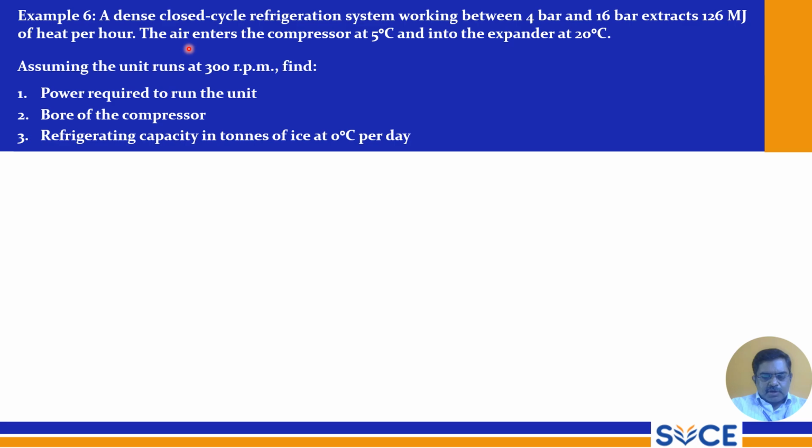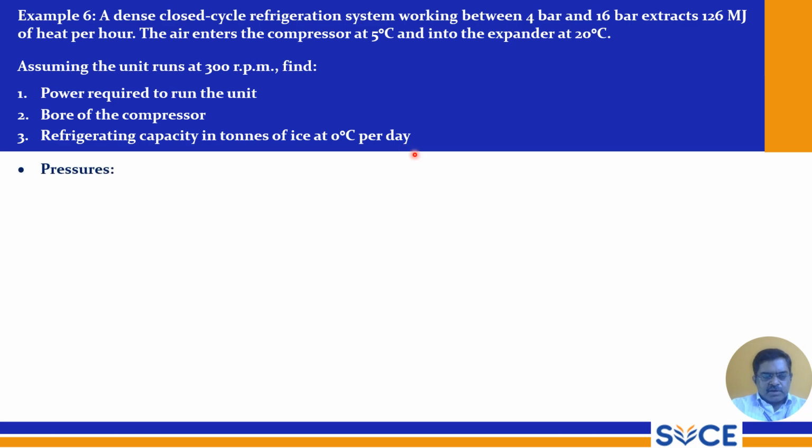The air enters the compressor at 5 degrees Celsius and into the expander at 20 degrees Celsius. Assuming the unit runs at 300 rpm, find the power required to run the unit, the bore of the compressor, and the refrigerating capacity in tons of ice at 0 degrees Celsius per day. So this is the problem statement.